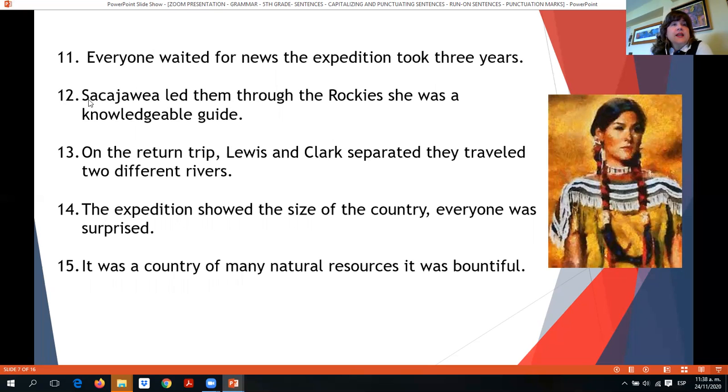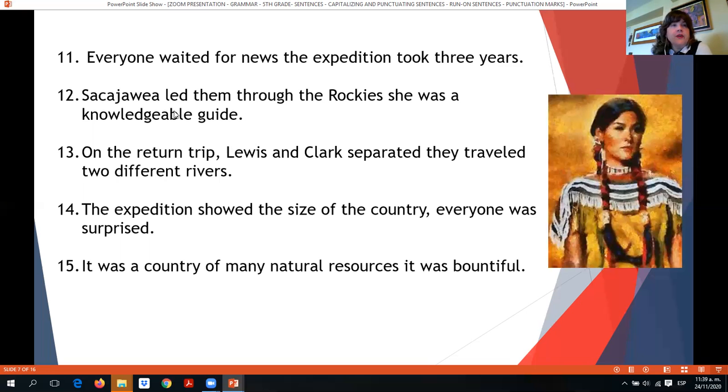Number 12, Sakakawea led them through the Rockies. She was a knowledgeable guide. So here we have two ideas. The first one that she led them through the Rockies, and the second one that she was a knowledgeable guide. So we could either separate them or rewrite them as a compound sentence.